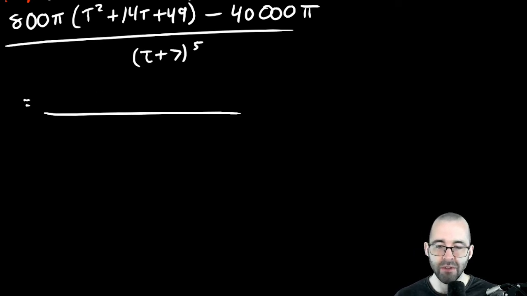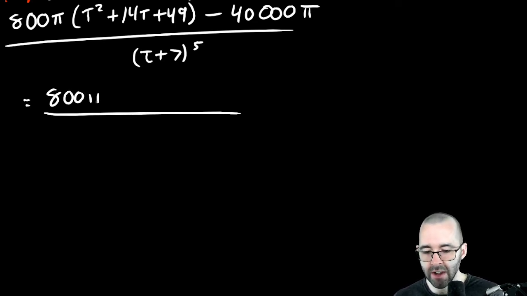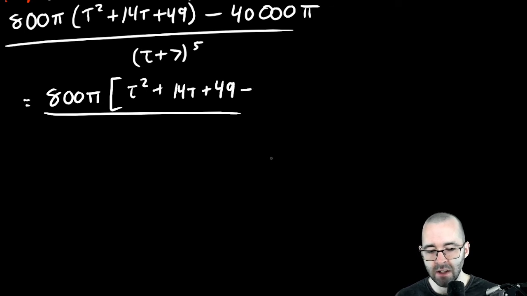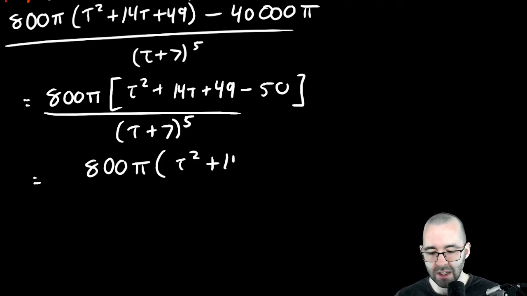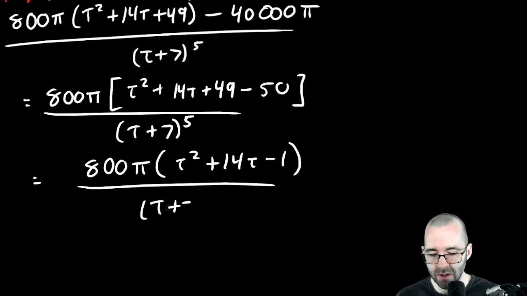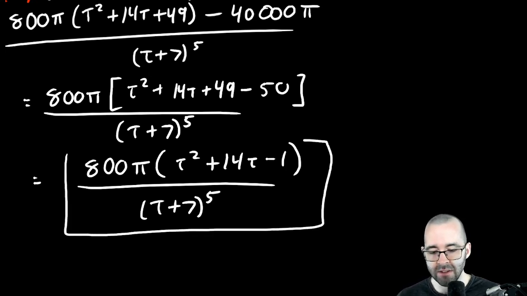Before foiling it out, they would factor out a greatest common factor, which is 800 pi. Factor out the 800 pi from everything. That leaves us with t squared plus 14t plus 49 minus 50, all over t plus 7 to the 5th, which is 800 pi times t squared plus 14t minus 1. And then it doesn't factor anymore. So this really is a nicer form of the answer, but it took a lot of simplifying to get here.